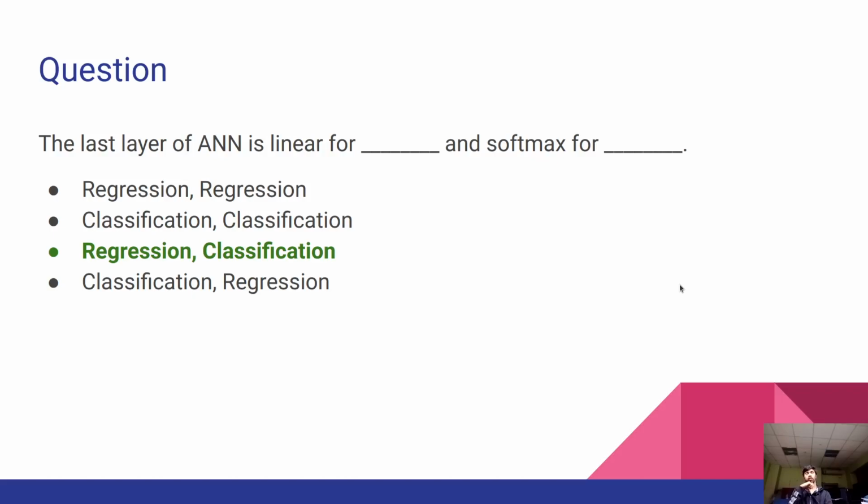But with just cat and dog, you can say that if it is more than 0.5 it is cat, and if less than 0.5 then it is dog. That means using sigmoid only two-class classification is possible, either 0 or 1. Yes, if you give a threshold, because sigmoid gives a value between 0 and 1, you say more than 0.5 is 1 and less than 0.5 is 0. That way you can do it.